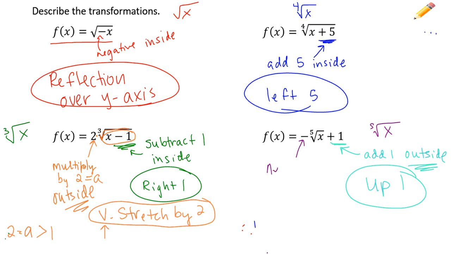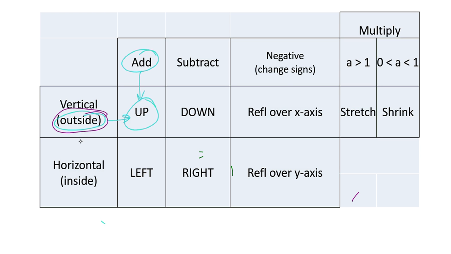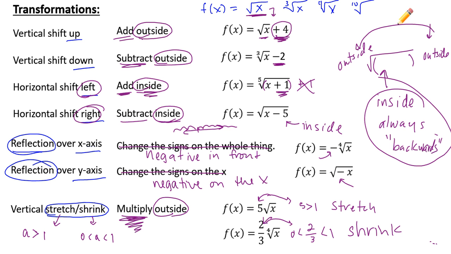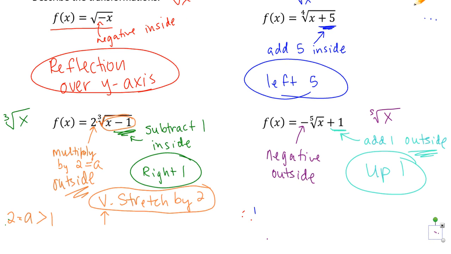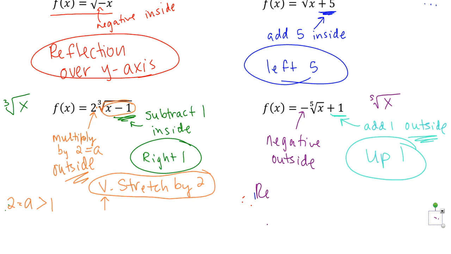This is a negative. And is it outside or inside? Well, it's not underneath the radical, so it's got to be outside. All right, back to our cheat sheet. We're outside. We've got a negative, which means it's a reflection over the x-axis. Reflection over the x-axis.